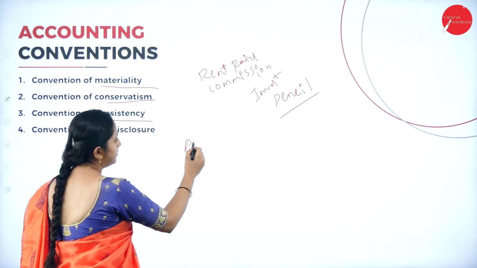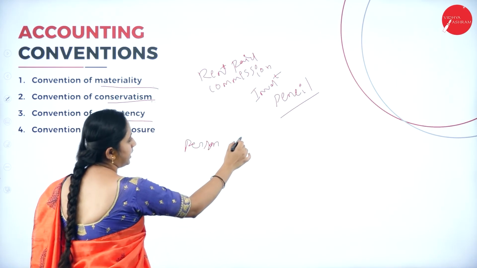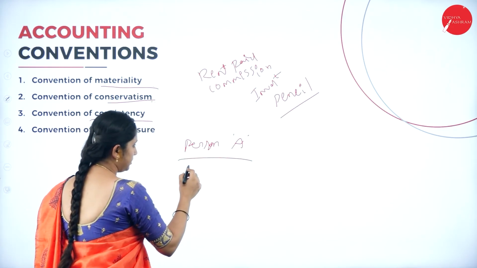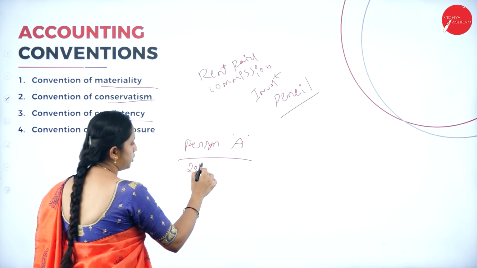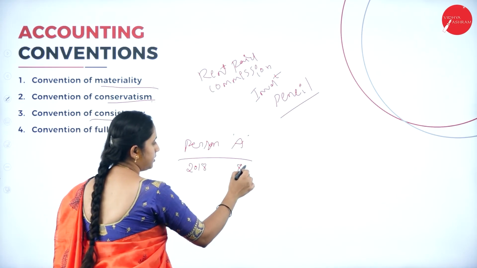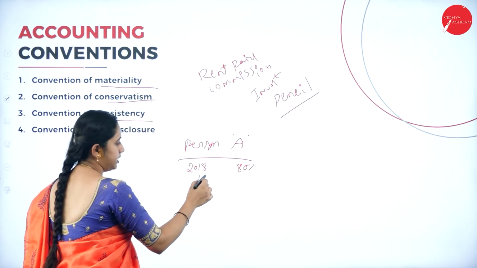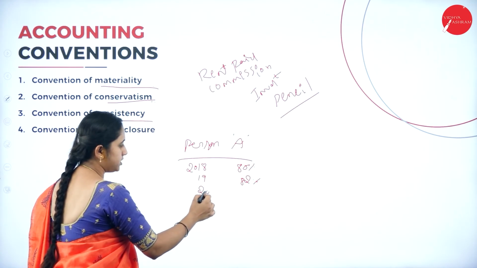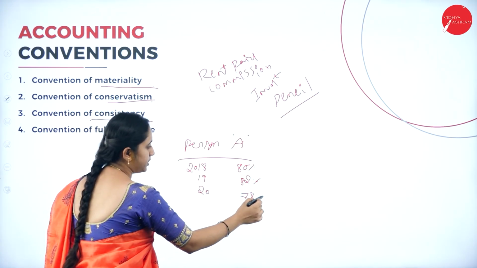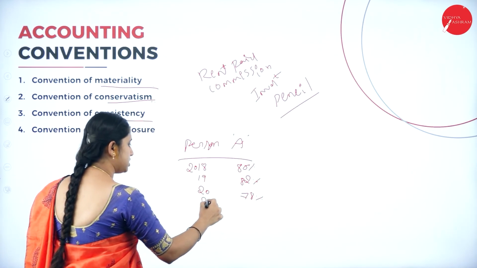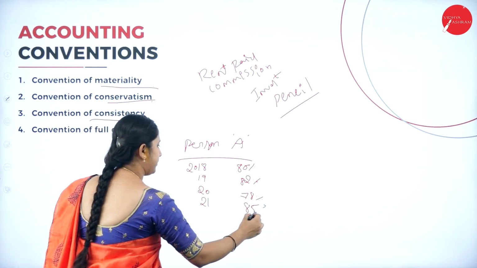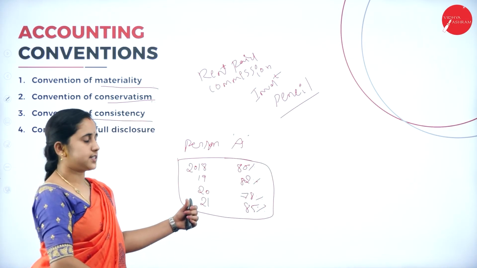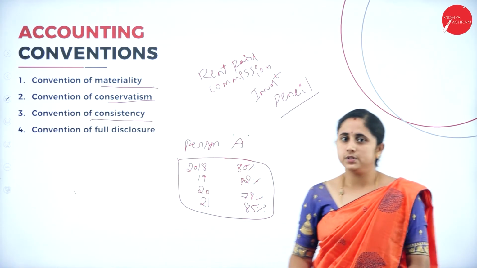For example, person A scored in 2018 80%, in 2019 82%, in 2020 78%, and in 2021 85%. This is maintaining the consistency. Take another example.